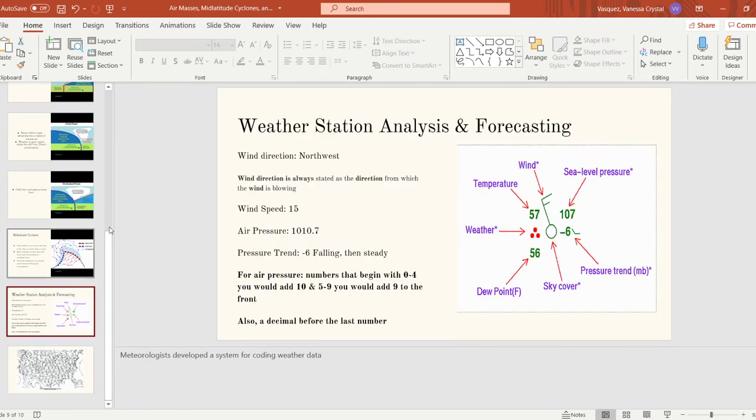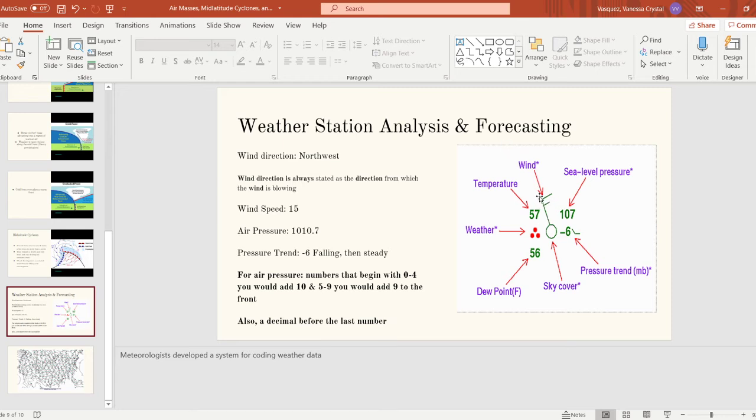So for the next slide, you will be working on weather data for this quiz. This is the coding system, and I just wanted to go over it. This symbology tells you the wind speed and the wind direction. The tip of this long line extending out tells you the direction from which the wind is traveling.